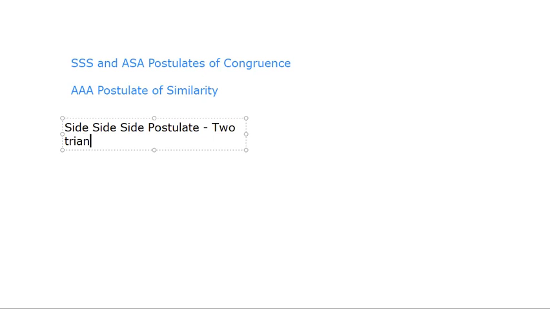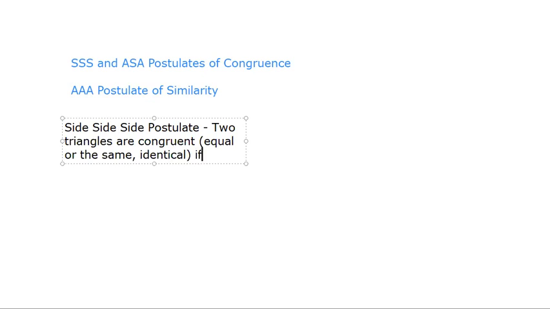Two triangles are congruent. Remember that means equal or the same, even identical, if this is a conditional statement. Two triangles are congruent if all three corresponding sides are congruent. We need to make sure we start learning that.